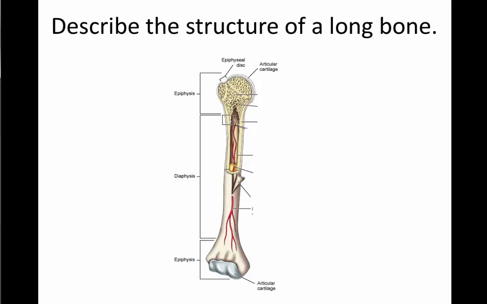On either end of the bone, we have articular cartilage. We've taken a look at cartilage earlier on in this course in tissues, and we talked about various kinds. But in this case, we're using articular cartilage as a general term to describe the cartilage that comes at a joint. So the term articular is referring to joint.